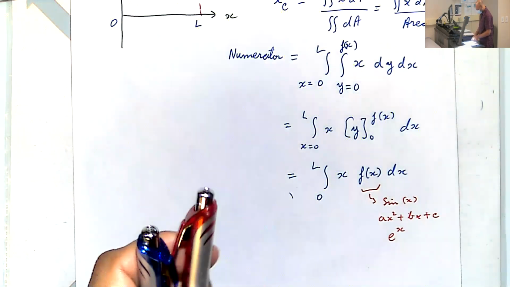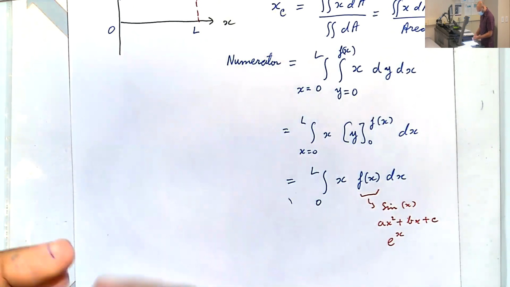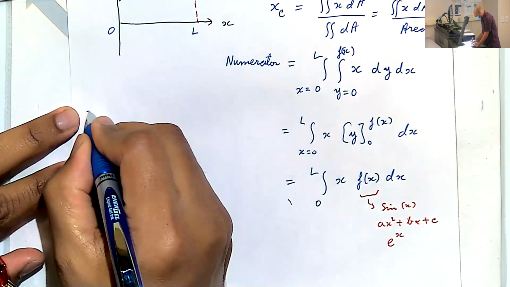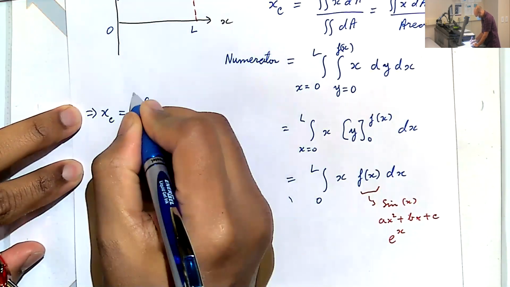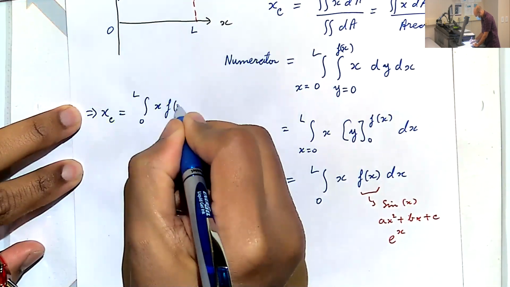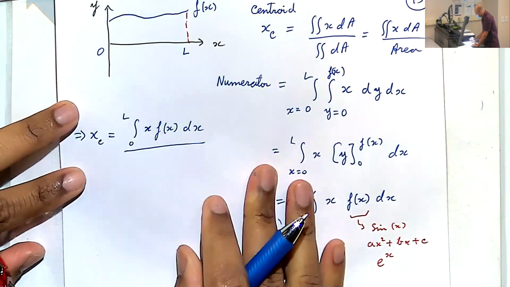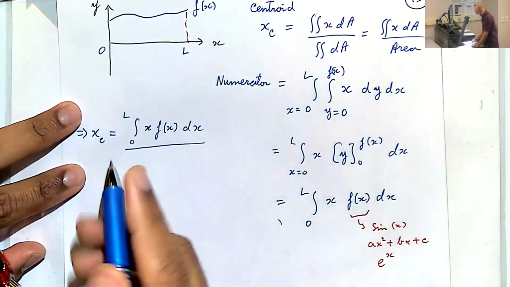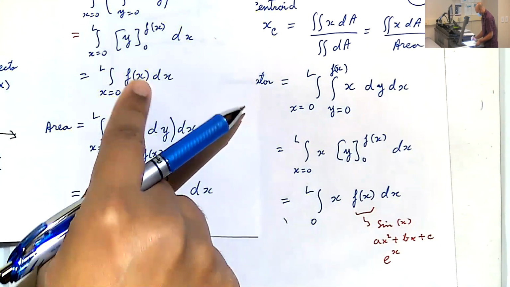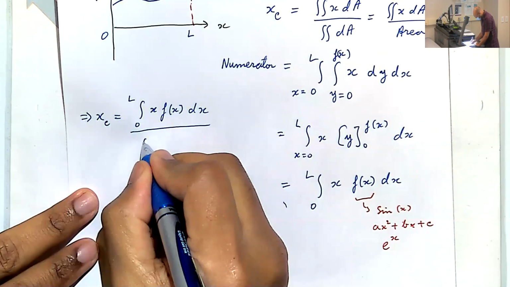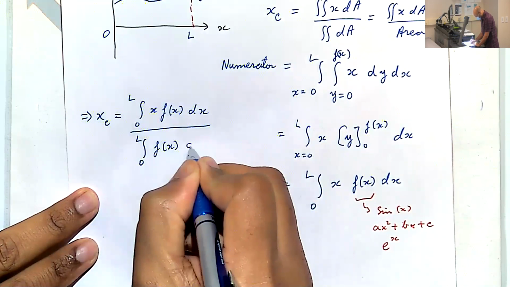All right, then, okay, so we can't go any further, so x centroid becomes integral 0 to L x f of x dx over area. What is area? Area is here, integral of f of x dx.